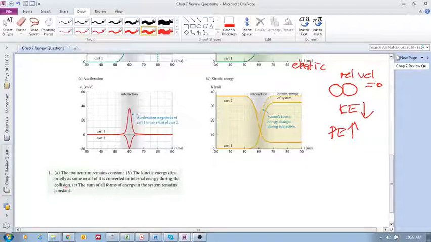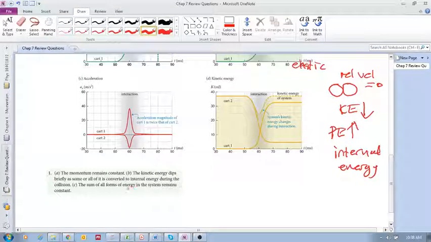Okay. Now the thing is this. So maybe to be absolutely accurate, the kinetic energy we can say is converted to internal energy. Let's be much more accurate. Internal energy, of which some of that is potential energy.